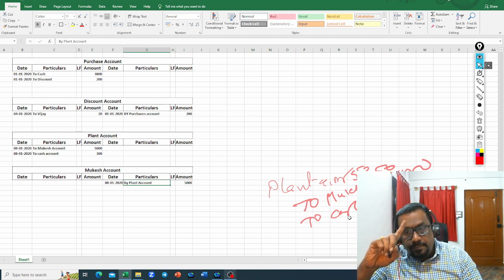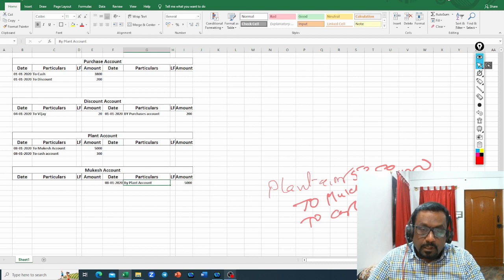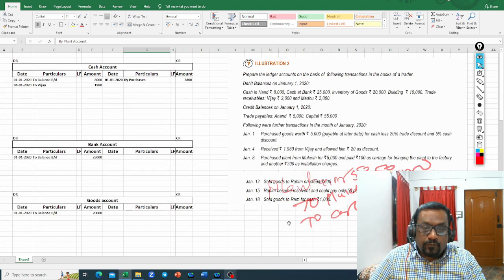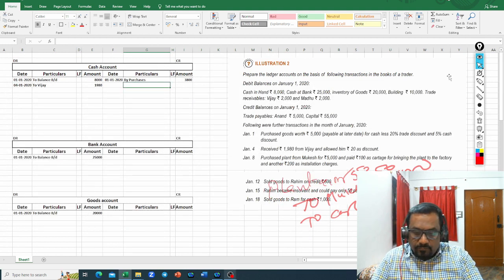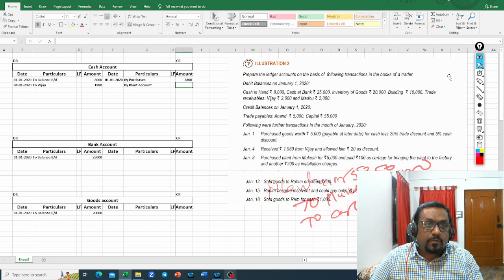Cash account we already opened. So let us go to cash account. So here cash account is credited. Now I have to go and write this in cash account, in the credit side of the cash account. By plant account. Plant account, what am I supposed to do?